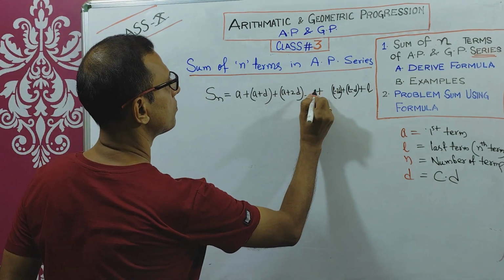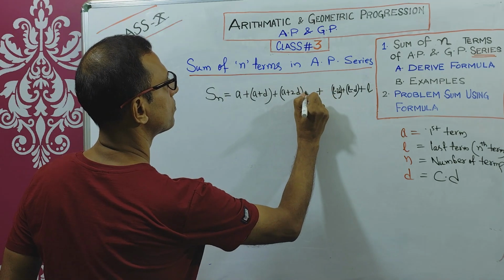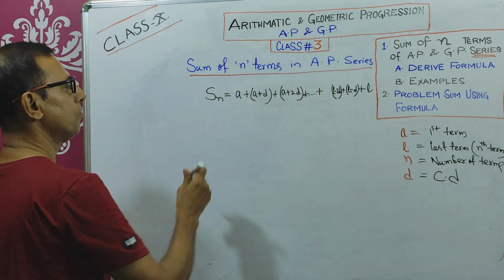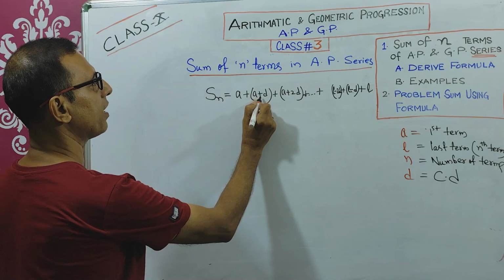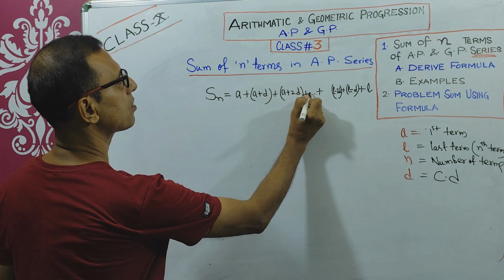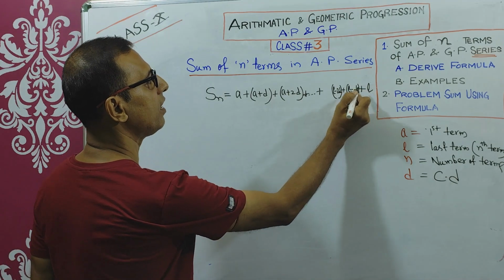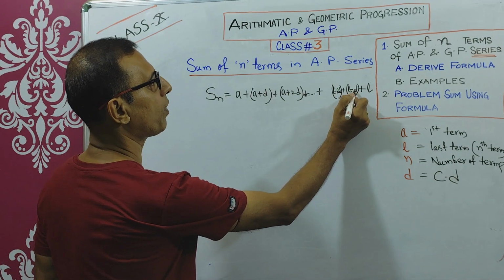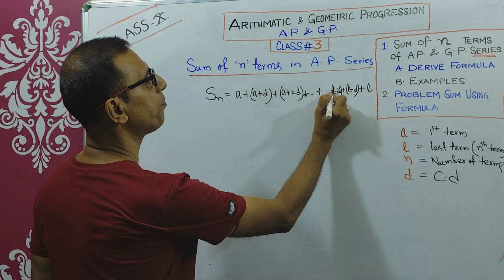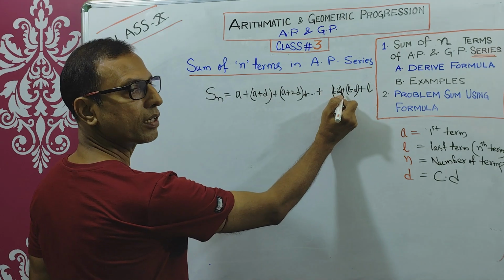And so on. So here a plus d plus a plus 2d plus on going, and then from the last term it is L, last but one it is L minus d, and previous term is L minus 2d, right?